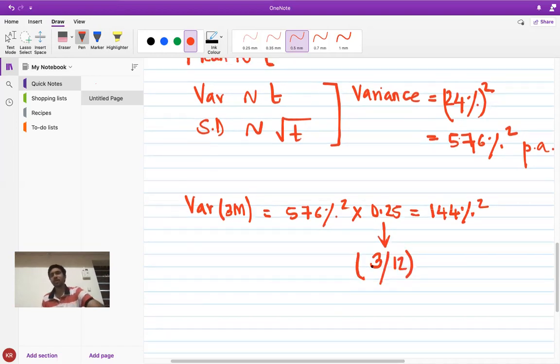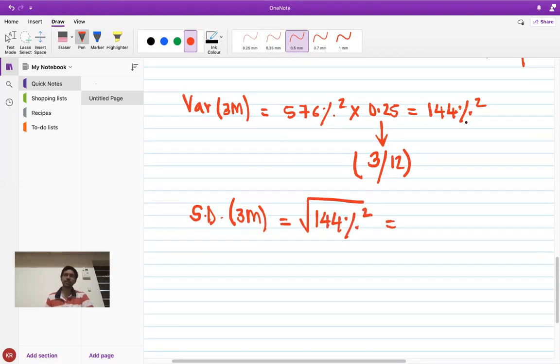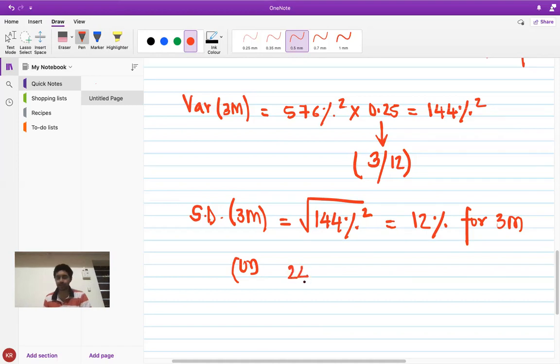Agreed? Now, if I ask you to calculate the standard deviation for 3 months, one way of doing it would be taking square root of 144%, because variance for 3 months is 144% square. So standard deviation for 3 months should be square root of variance, which is 12% for 3 months. An alternative way: the standard deviation we started off with was 24% per annum.